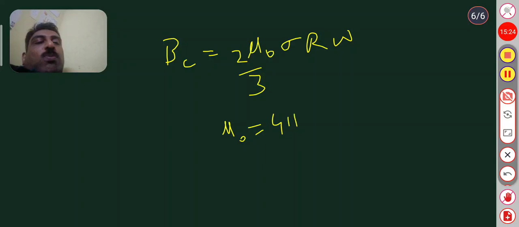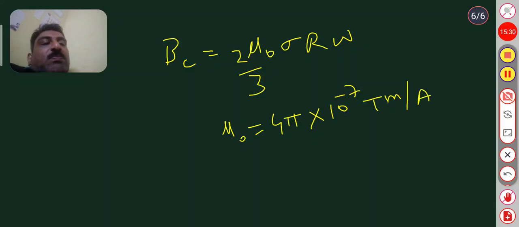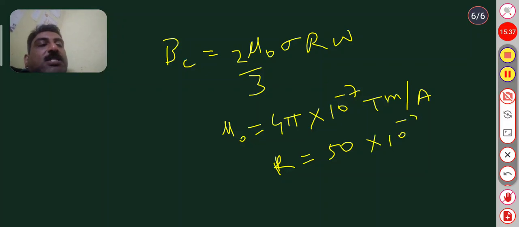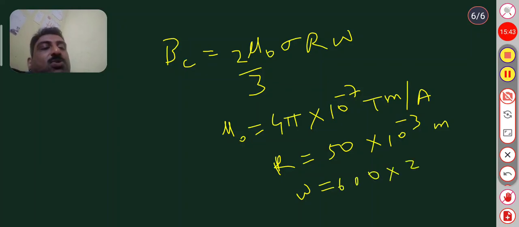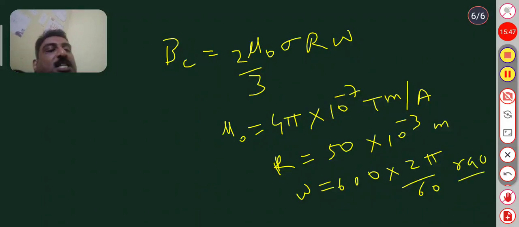It is 4 pi into 10 to the power minus 7 Tesla meter per ampere. The radius is given as 50 millimeters, so 50 into 10 to the power minus 3 meter. Omega is 600 rotations per minute, so 600 into 2 pi by 60 radians per second.